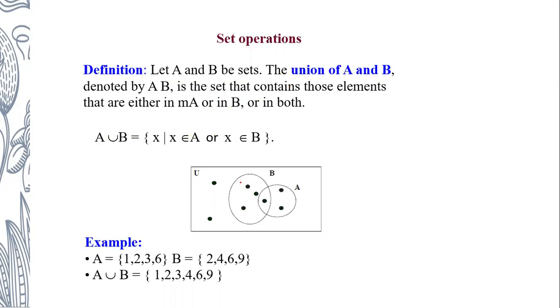Now if you take this Venn diagram, this rectangle is the universal set, this is set B, and this is set A. In A union B, you are able to see three parts.